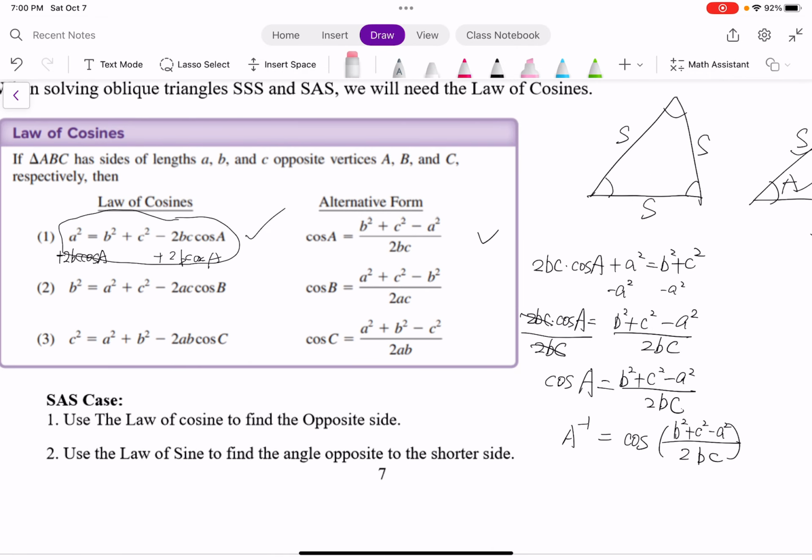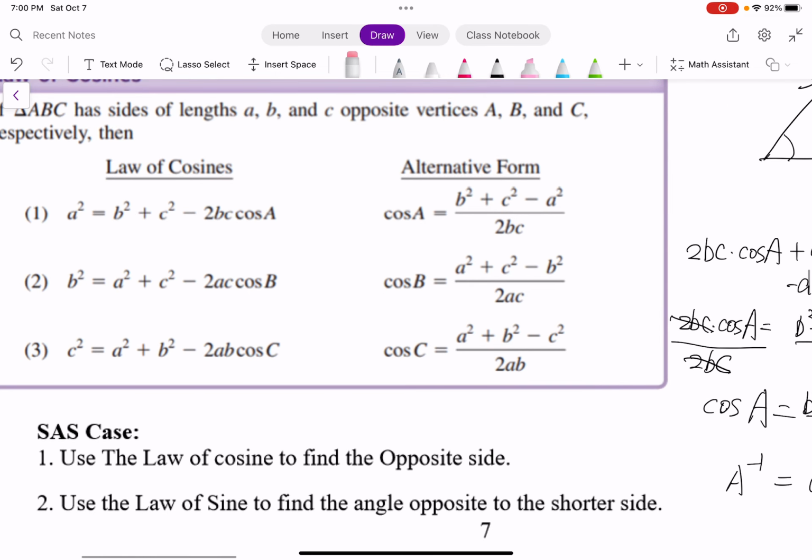We not only have one formula, we also have the b squared and c squared formulas. b squared equals a squared plus c squared minus 2ac times cosine B. So I can also isolate the cosine B. c squared equals a squared plus b squared minus 2ab times cosine C. Cosine C equals a squared plus b squared minus c squared, all divided by 2ab.